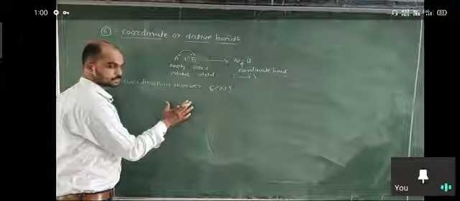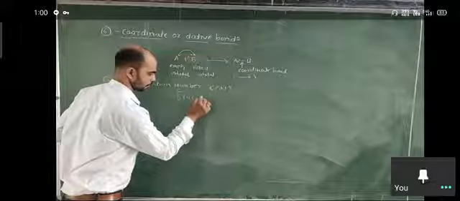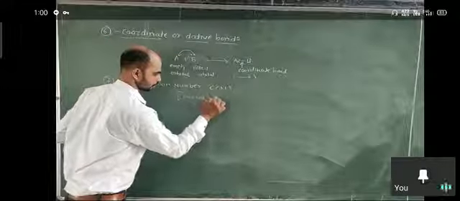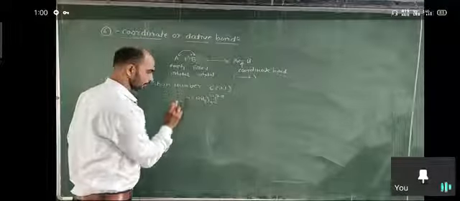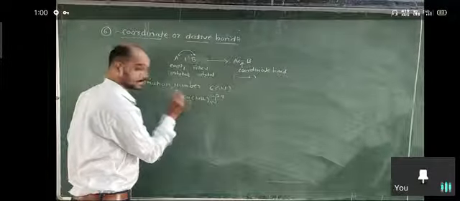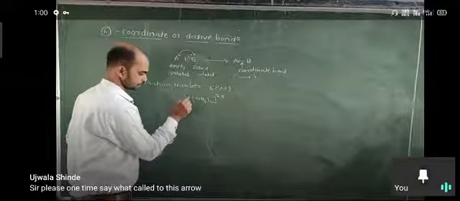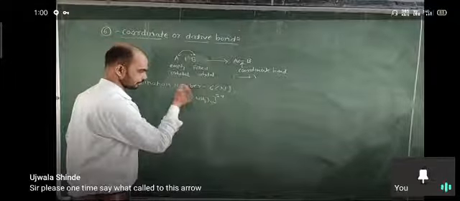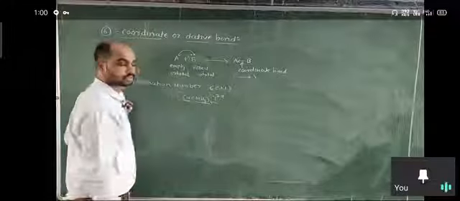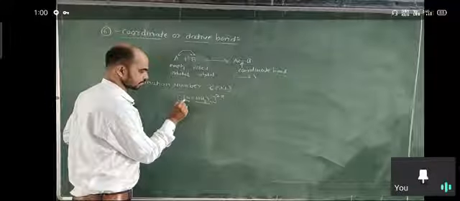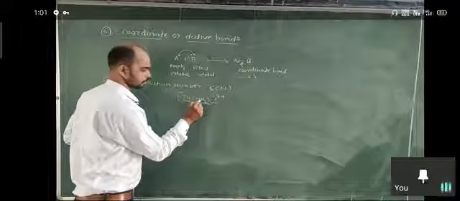Once a complex is formed, suppose we consider the complex Cu(NH3)4 2+. In the square bracket the central metal atom or ion is present. This central metal atom or ion is surrounded by different types of ions or molecules. Here NH3 is the molecule. In the given example, Cu is attached to 4 NH3 molecules.